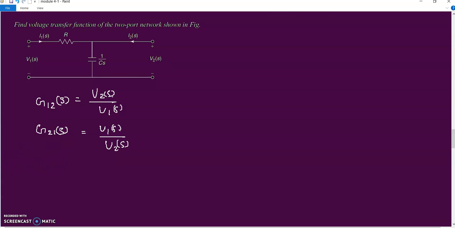By using voltage division rule. We know that V1 of S is getting divided between R and 1 by Cs. So V2 of S is equal to total voltage, here total voltage is V1 of S, into the impedance of the same branch, that is 1 by Cs, divided by the sum of the impedances, that is R plus 1 by Cs. Now we have got the relationship between V2 of S and V1 of S. So we can just rearrange this.